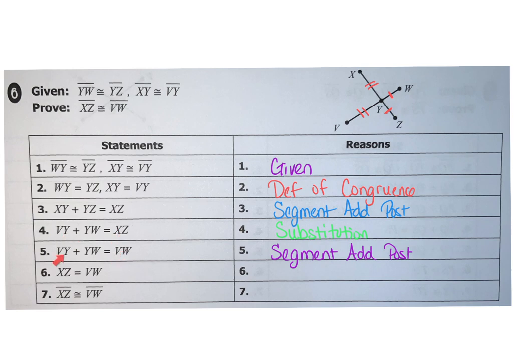Transitive property. And then on the last step, they went from equality to congruence. How do you go from equality to congruence? Definition of congruence. There you go.